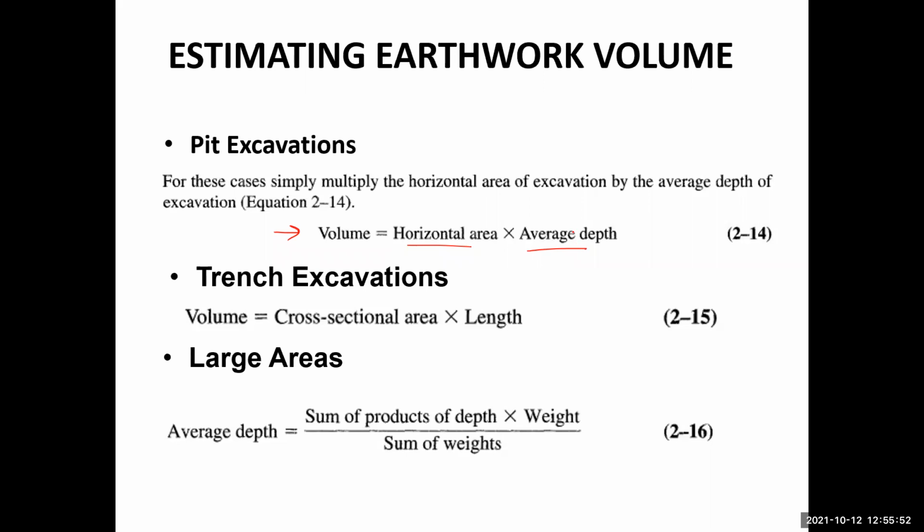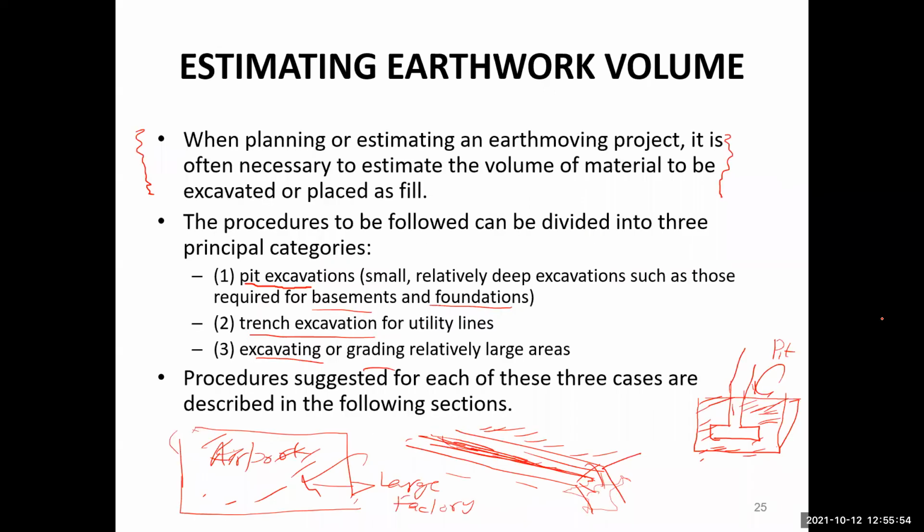For example, in the case of a column whose base is 1 meter by 1 meter, we need an excavation which is at least 1 meter by 1 meter, but maybe for some working area, we can say 0.2 meter on each side.